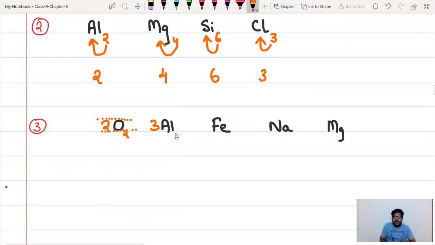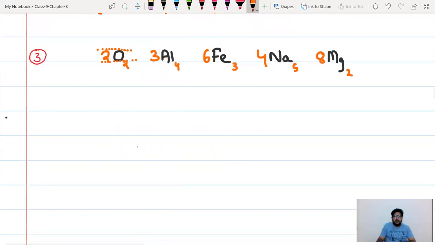So 3Al4, 6Fe3, 4Na5, 8Mg2. Now, if they ask you to count the number of atoms, what to do? You need to multiply these two numbers. First the subscript: 2 twos are 4.